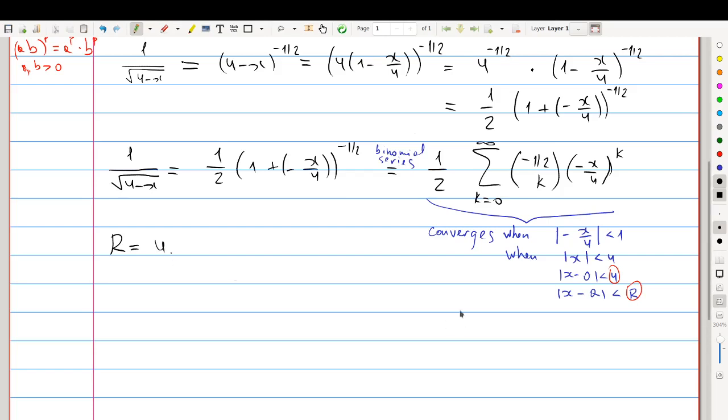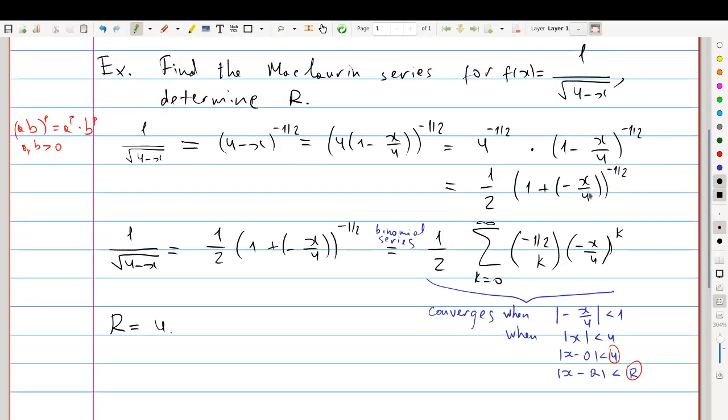We have just found out that R equals 4. So this question we have also completely answered. We have both obtained the Maclaurin series and the radius of convergence. Now let us go ahead and simplify this series over here.